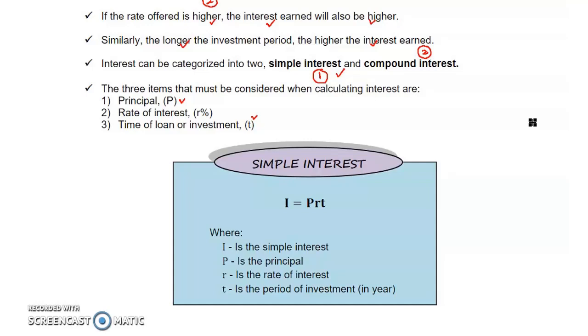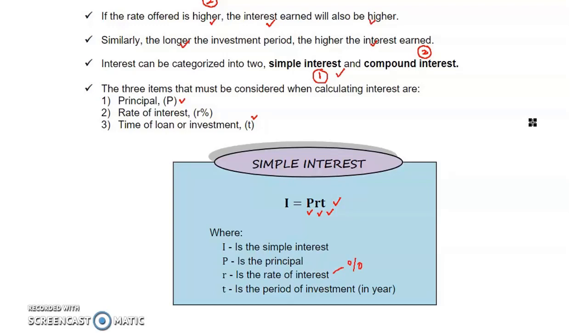Now let's look at the simple interest formula. The value of interest, I equals PRT, principal times R times T. P is the principal, how much money we borrow or invest. I is the simple interest amount. R is the rate of interest, which we normally express in percentage.